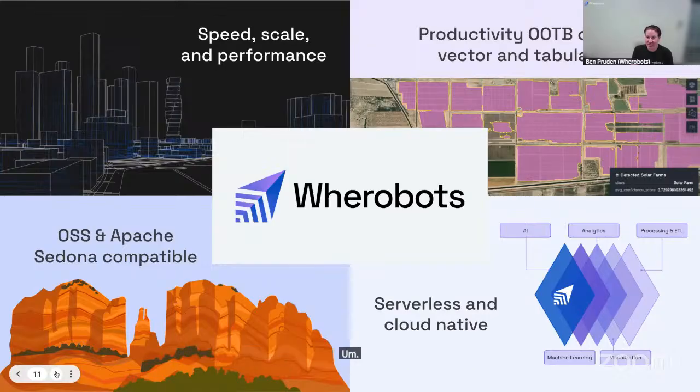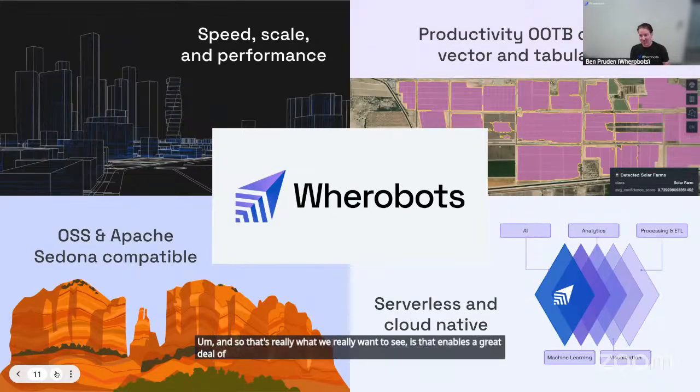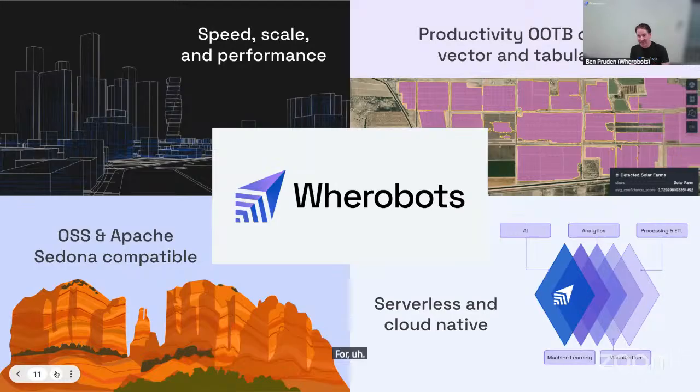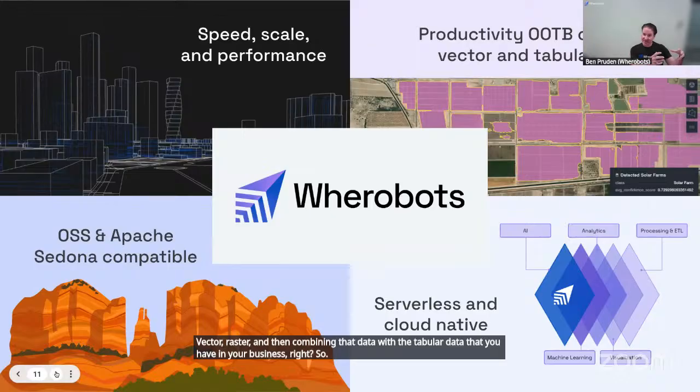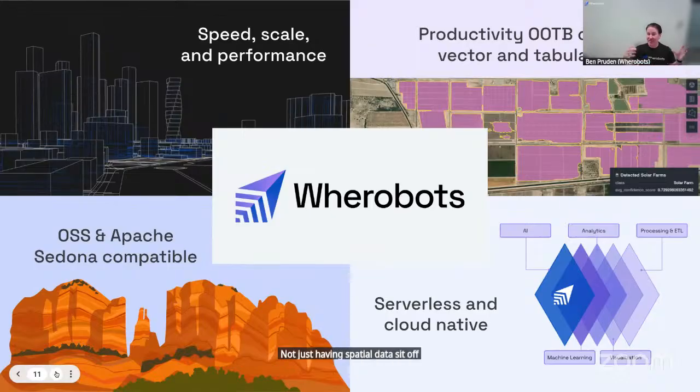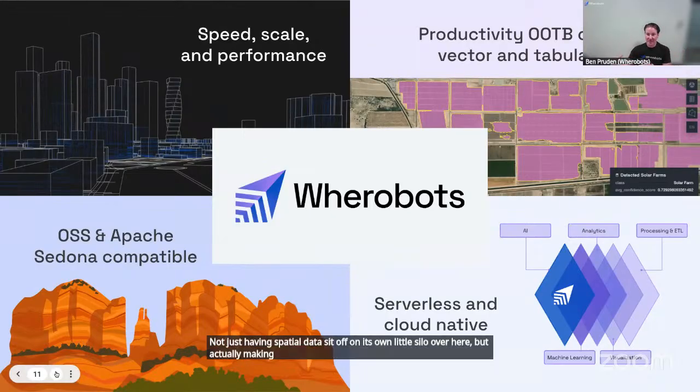And so that's really what we want to see, is that it enables a great deal of productivity for developers, for data scientists, for data engineers, working with both vector, raster, and then combining that data with the tabular data that you have in your business, right? So not just having spatial data sit off on its own little silo over here, but actually making it core to the other type of data and analytics and AI that you want to have as questions.